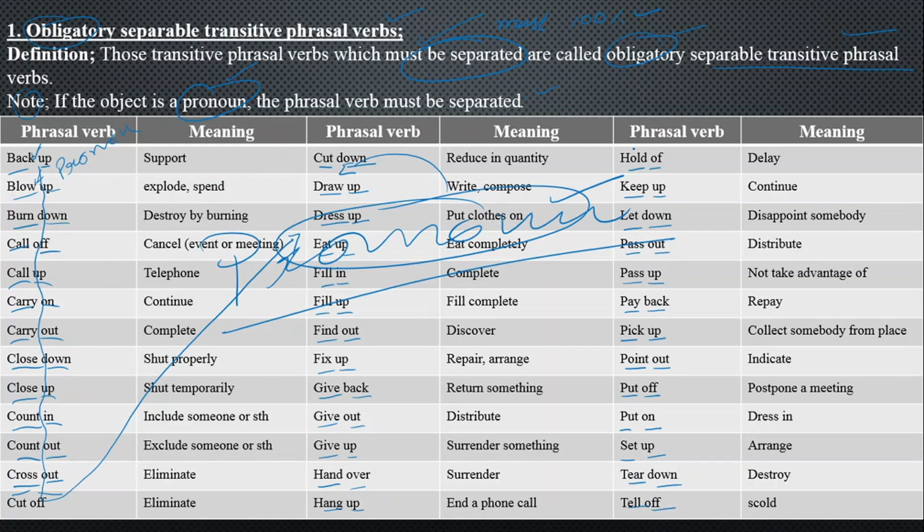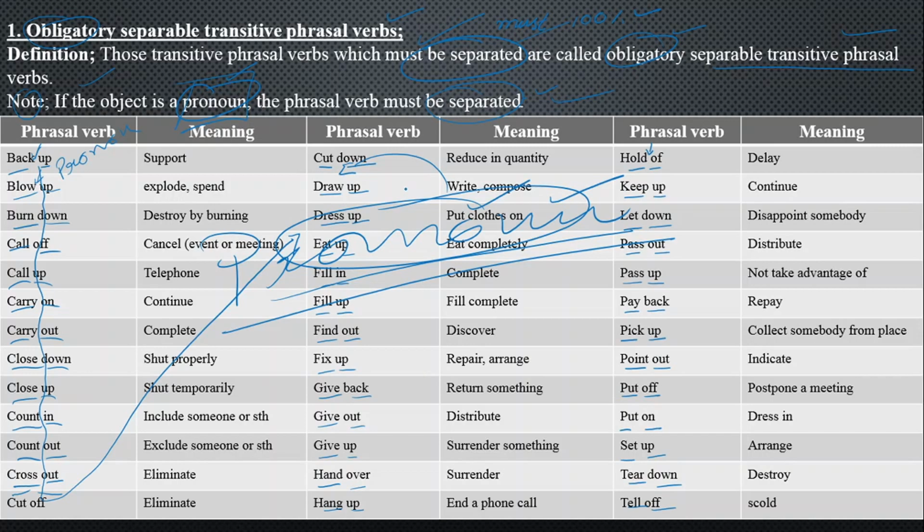So in between them, when there is a pronoun, you must separate them, and this is called the obligatory separable transitive phrasal verbs. What is the definition? Those transitive phrasal verbs which must be separated are called obligatory separable transitive phrasal verbs. Notice, if the object is a pronoun, you must separate them. That's why we call them obligatory separable transitive phrasal verbs.